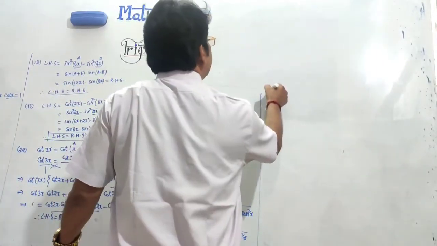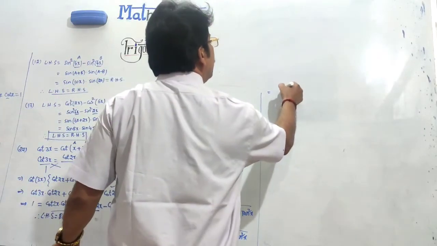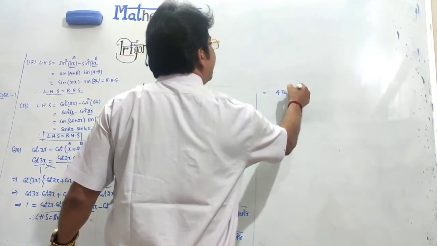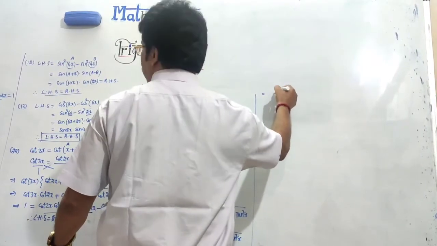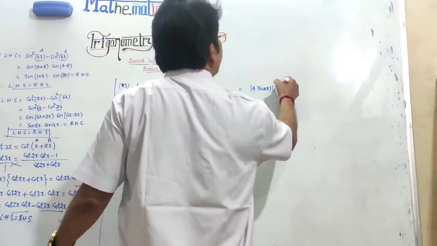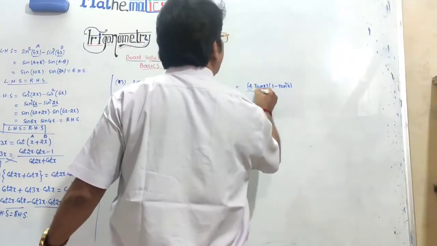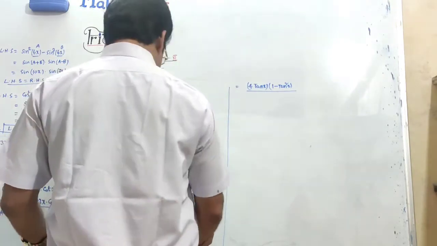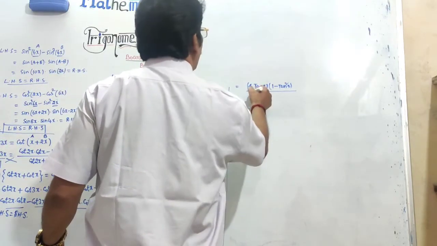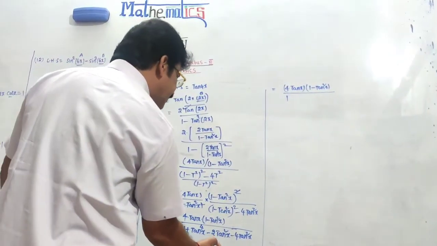So that is equal to 4 tan x into 1 minus tan square x, whole divided by it is a 1. Okay. Next is what?